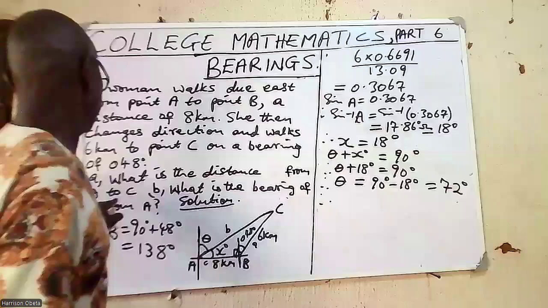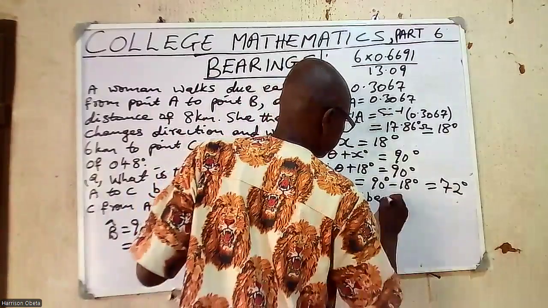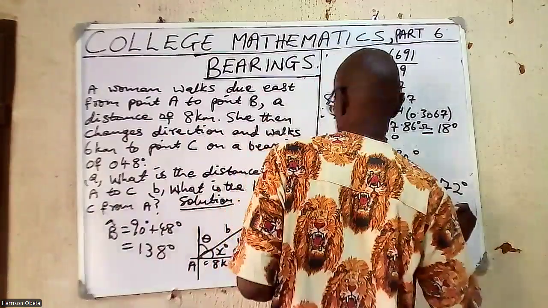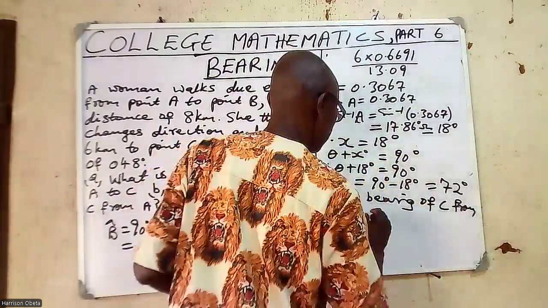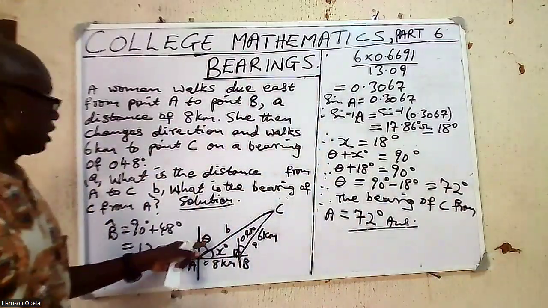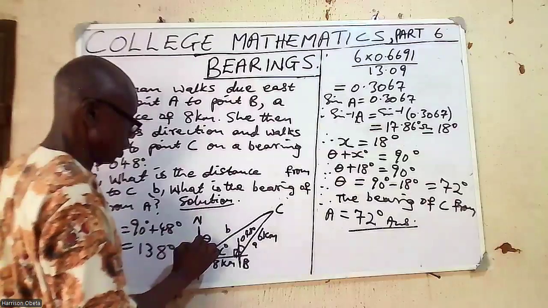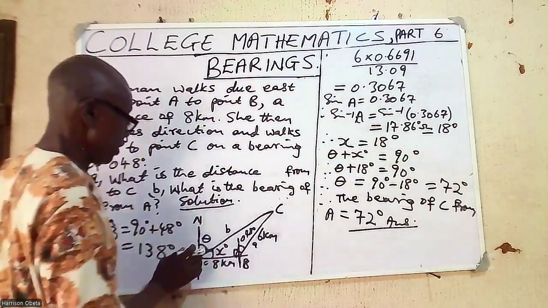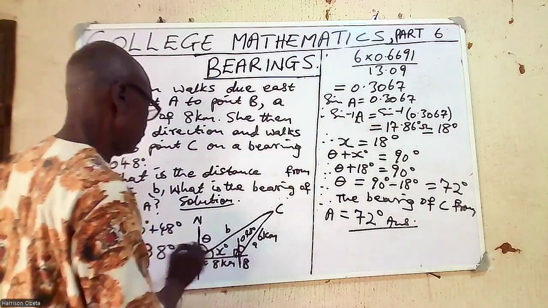Therefore, the bearing of C from A is equal to 72 degrees. So we have succeeded in getting the bearing, which is theta. As I told you, bearing will always start from the north, clockwise. So from here to here is the bearing of C from A, not the whole of this.